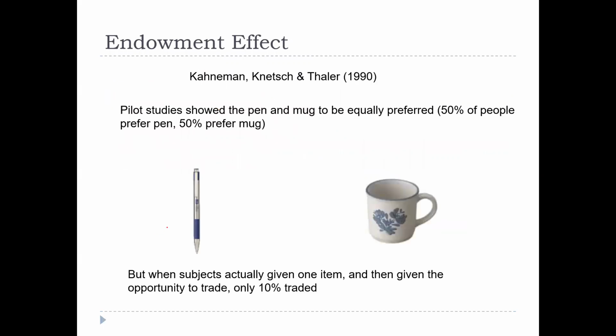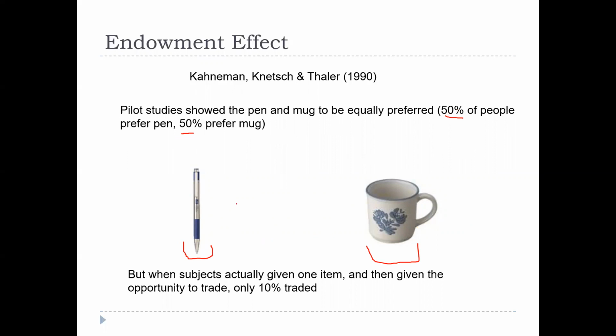Here's an experiment. There's a group of people in a room, and they were asked, do you want a pen to go home with, or do you want a cup? And 50% of the people preferred the pen, and 50% preferred the mug. Then these things were distributed randomly across the room.